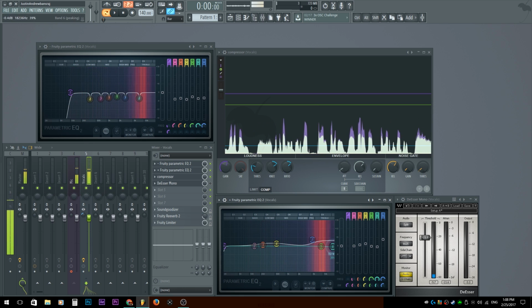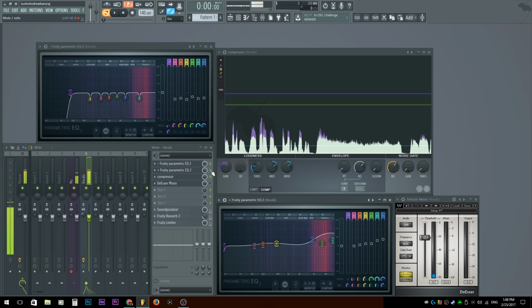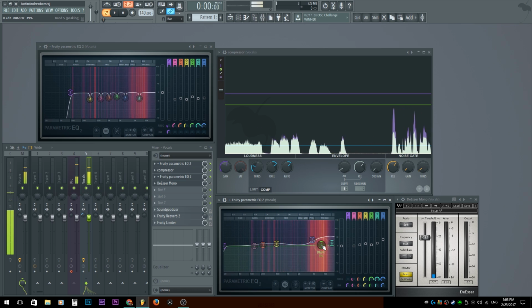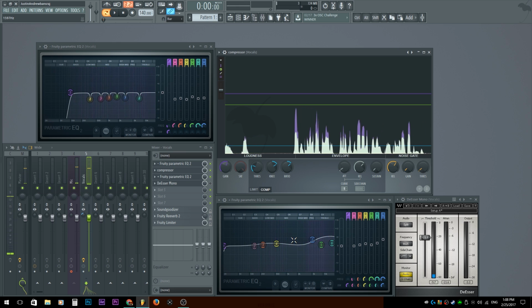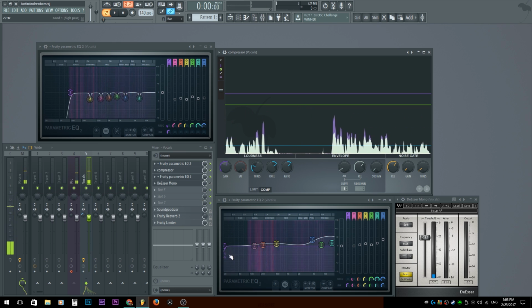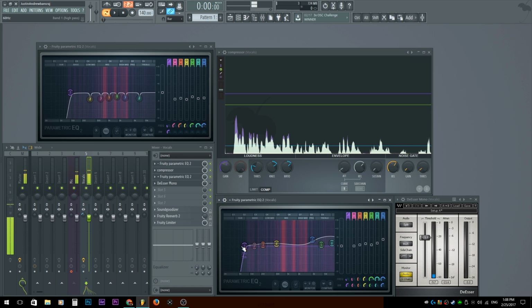So by EQing afterwards, we're going to take the dynamic and then tone it out afterwards, rather than toning it and then raising the dynamic, which could be a confusion sometimes.